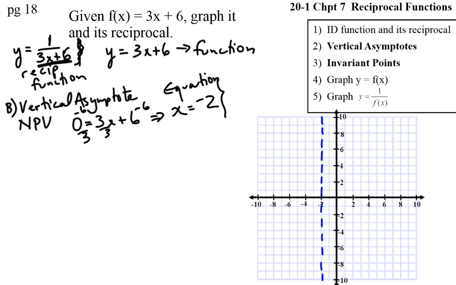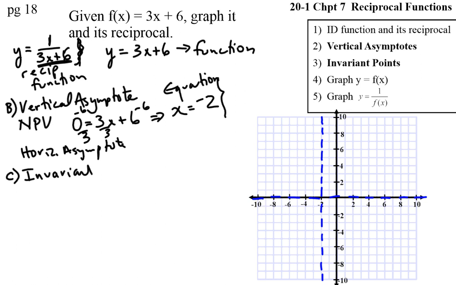We also know, although it doesn't really ask for it, that the horizontal asymptote, for the graphs that we're going to do, will always be the x-axis. So those are the two lines, a vertical and a horizontal, that our reciprocal graph will not cross. Part C is to determine the invariant points.